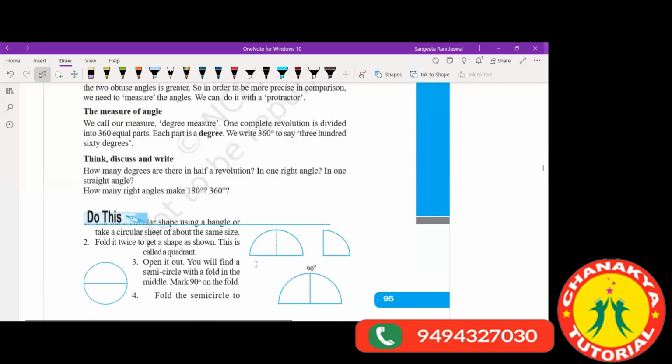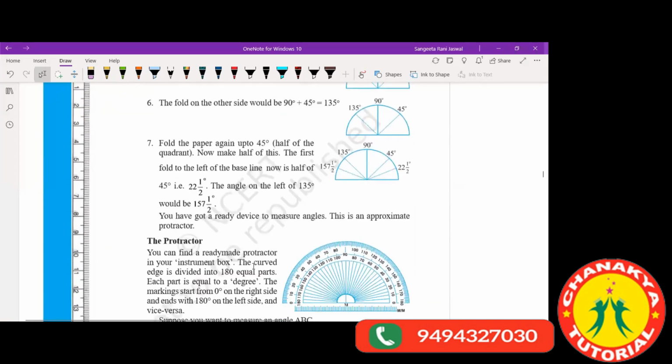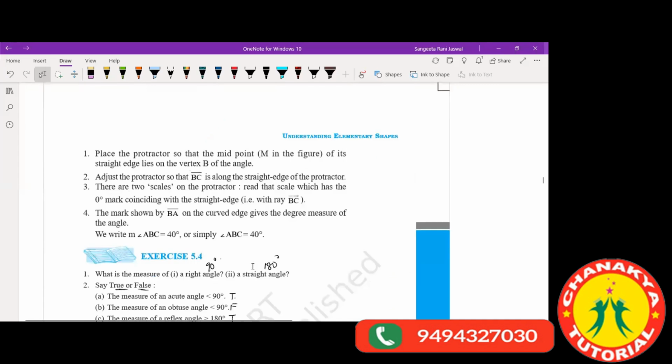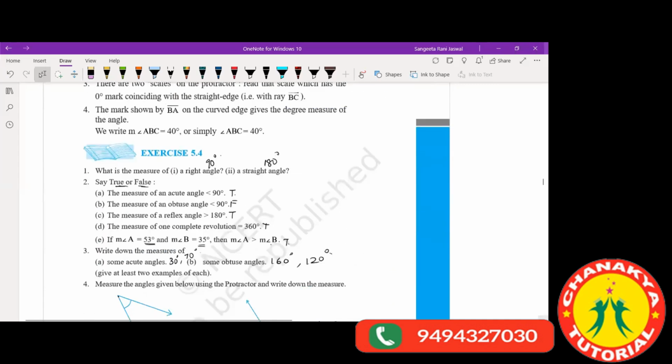Then in this chapter, we studied different types of triangles. Triangles which have all their sides different, what do we call that type of triangle? Scalene triangle. And what is an isosceles triangle? Ma'am, 2 sides are equal. Very nice. We classify triangles on the basis of their sides and also on the basis of their angles.